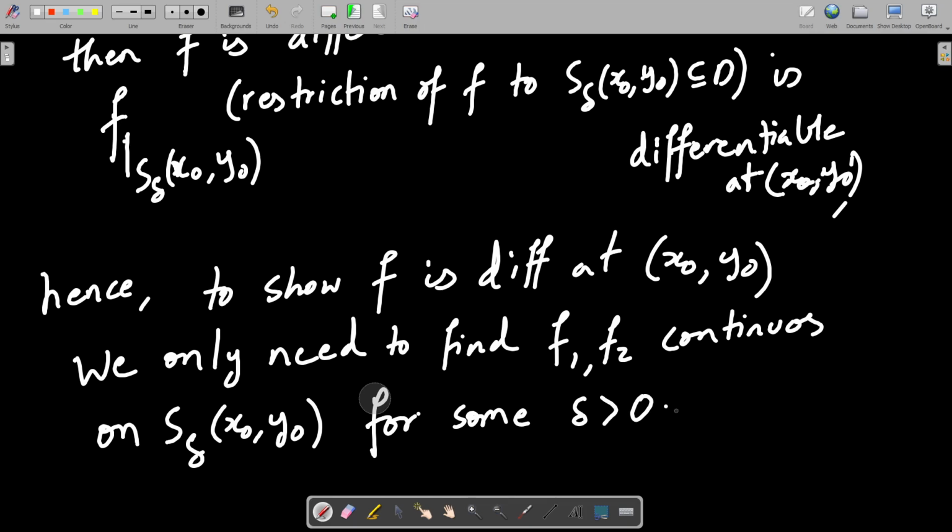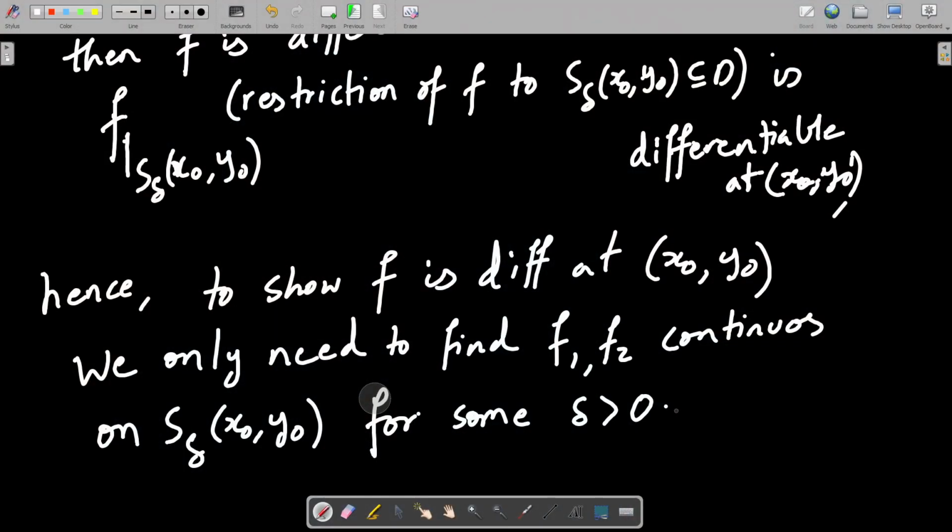The problem was to show a function is differentiable, so I had to find f1 and f2. Because this local property is there, I'll only find f1 and f2 which are continuous on the small neighborhood. That is much easier to find.